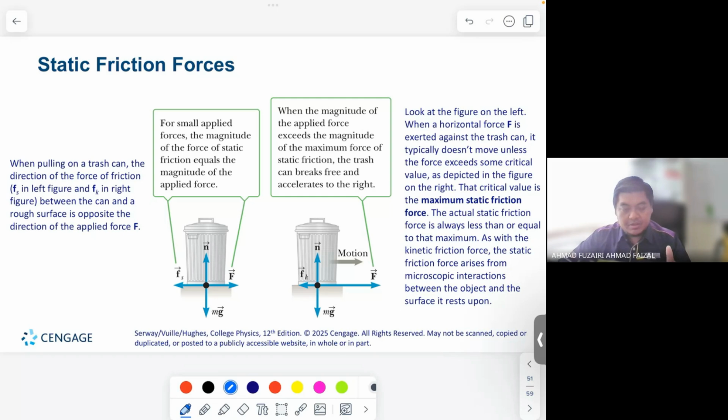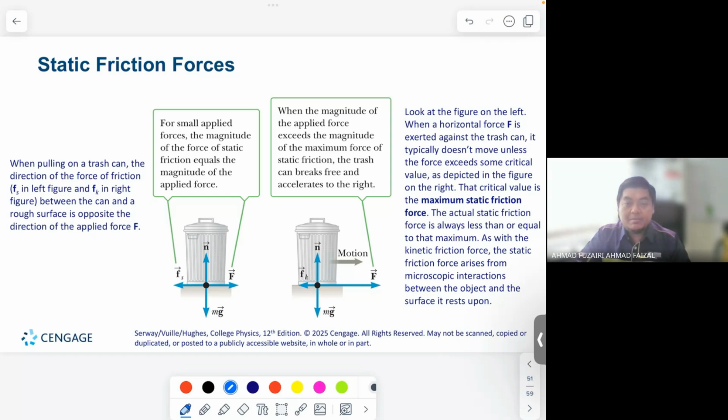When an object starts to move, it always starts from rest. At that rest position of the object, there is static friction involved. So that's why static friction should be taught earlier compared to kinetic friction.